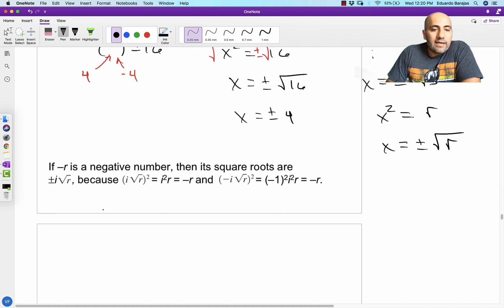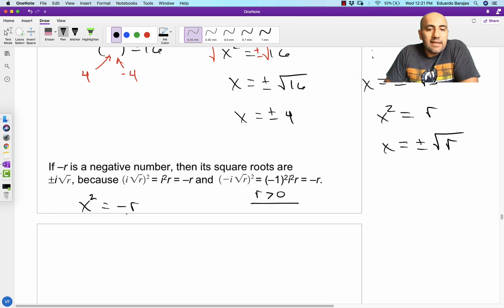So if we had some statement of x squared equals negative r, let's just for a minute assume that r itself is strictly greater than 0.